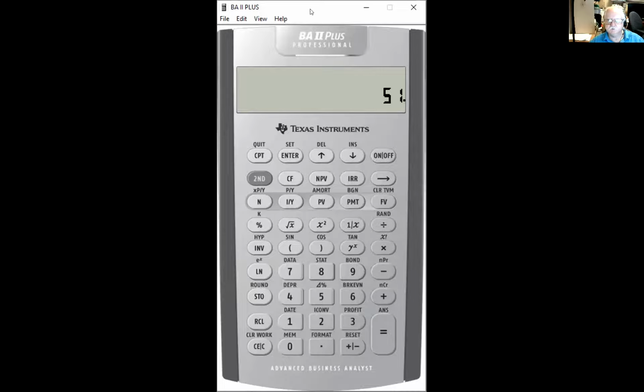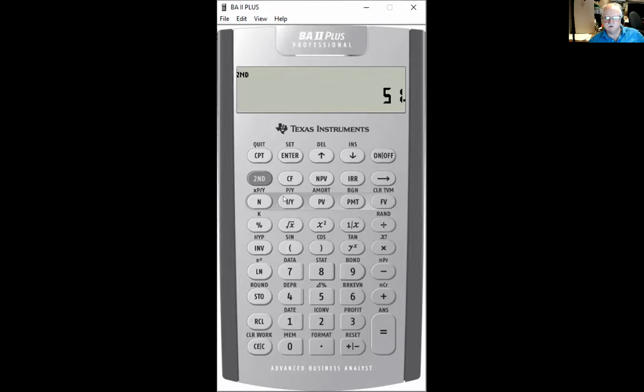Now, the first thing we have to do is make sure that BGN is not up, but we can see that it's not up. So that's okay. And then we are doing this. It's a simple annuity.